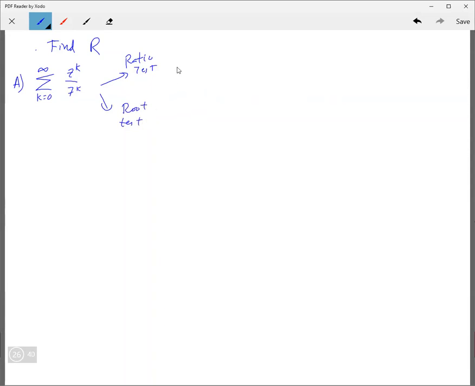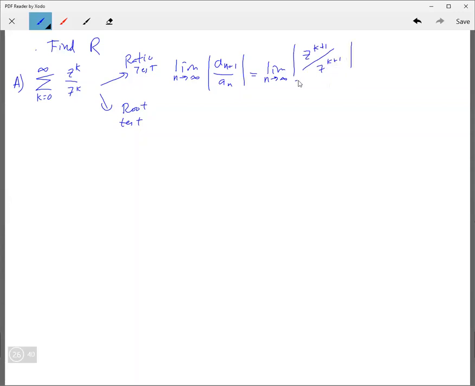Okay, with the ratio test, you're taking the limit as n goes to infinity of the modulus of a n plus 1 over a n. So if you put k plus 1s in here, you're going to get modulus of z to the k plus 1 over 7 to the k plus 1.